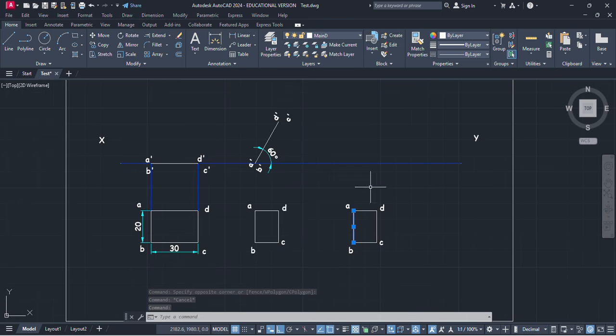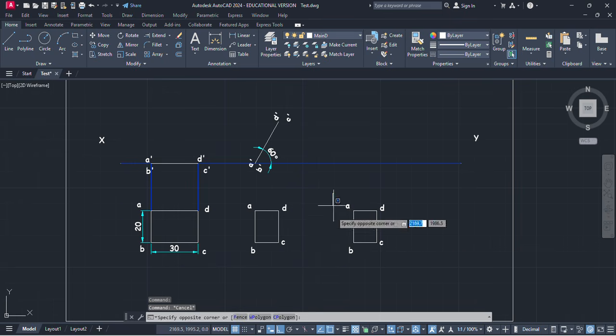If this makes an angle of 45 degrees with the XY line, it means it is making that angle with the VP. Because just above this XY line, we have the vertical plane, and just below this XY line, we have the horizontal plane. So this line is at 60 degrees with the XY line. It means this is inclined at 60 degrees with the HP.